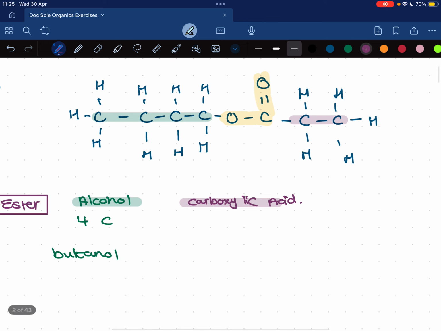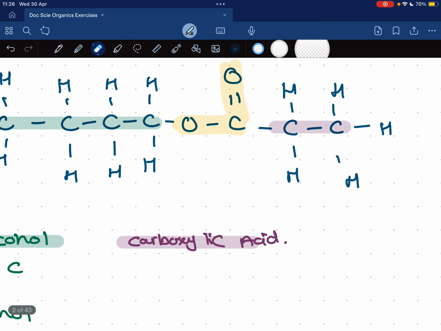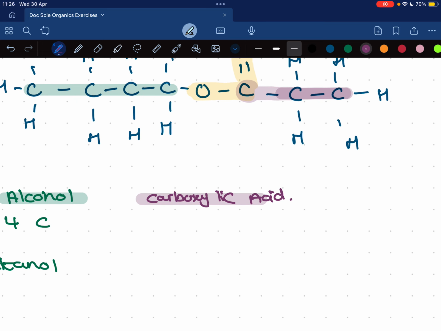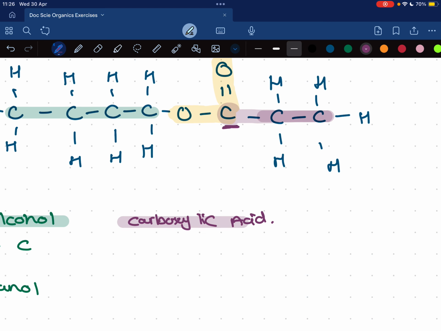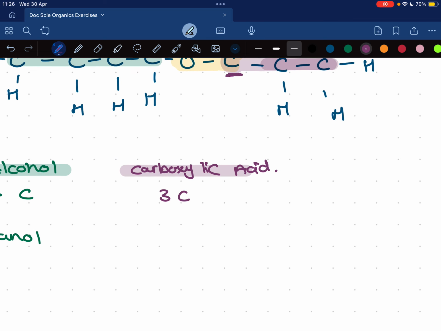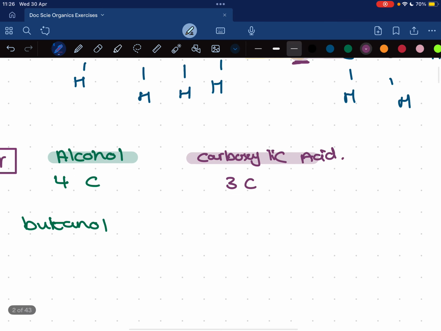And for the carboxylic acid here, don't forget, and it's actually quite important, that this carbon here is a part of this carboxylic acid group. Make a note of that, that you must still include this carbon in the carboxylic acid part. So the carboxylic acid has 3 carbons. Remember, you can't ignore that carbon that's attached to the functional group. Because it's 3 carbons, that would be propanoic acid.